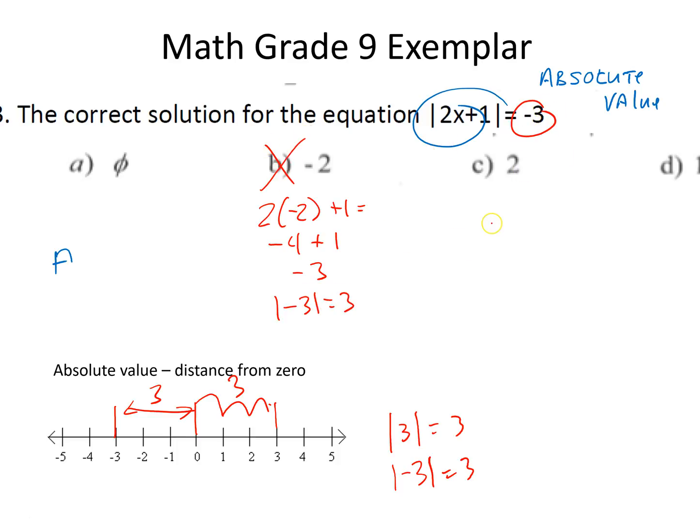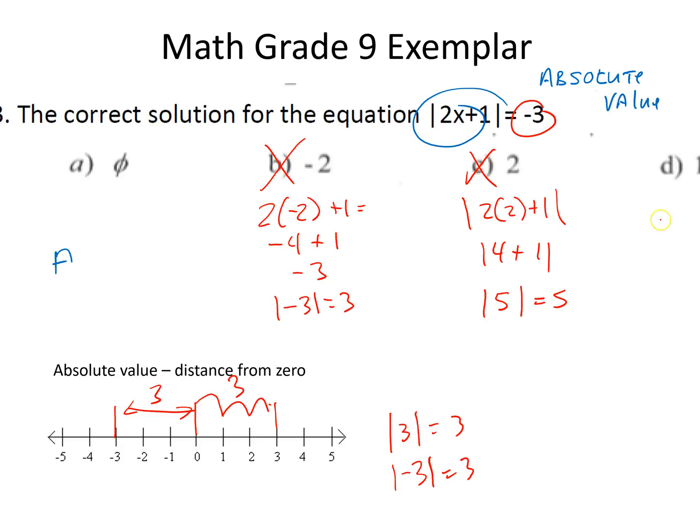If I put a 2 in, I get the absolute value of 2 times 2 plus 1, which gives me 4 plus 1, which is the absolute value of 5, which is 5.